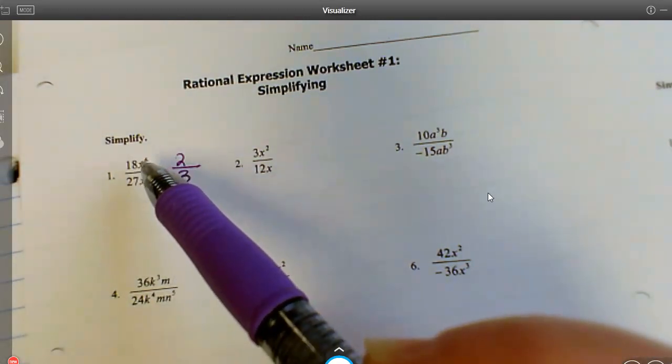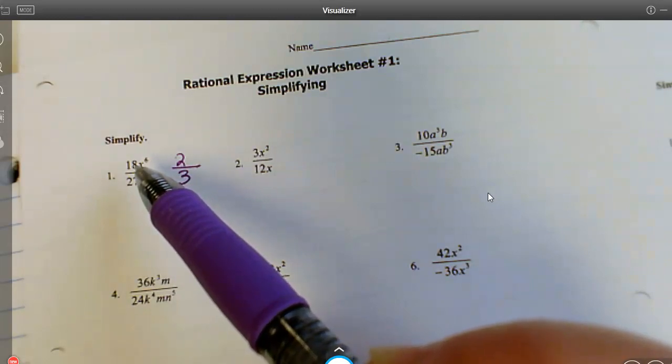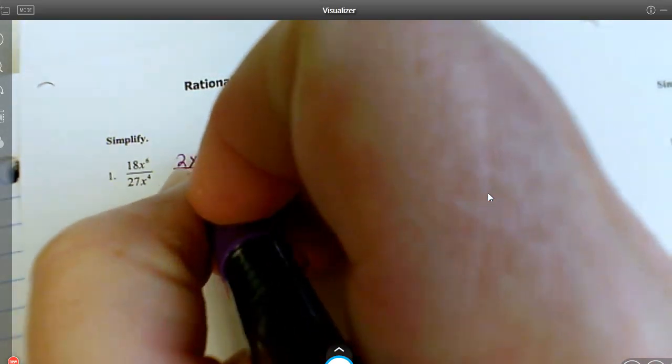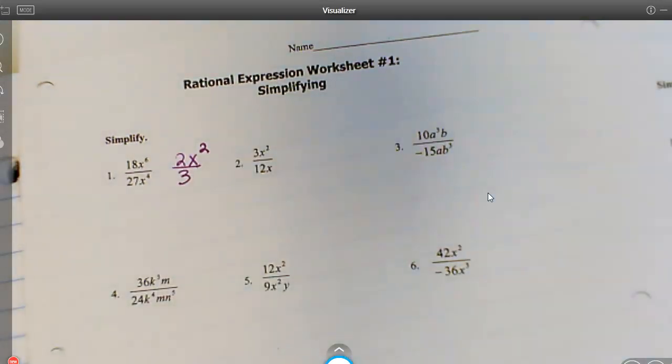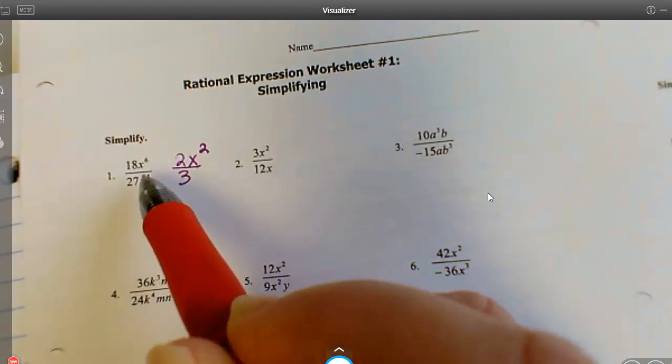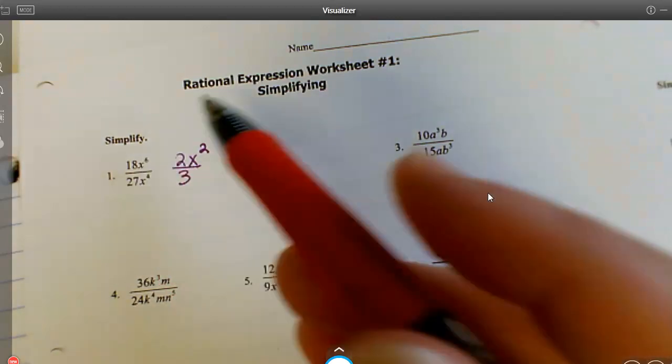How many are left? 2 of them. And are they left on top or on the bottom? Top. And so my x squared stays on top, and that's all I do. Hopefully this is pretty familiar to you, but I just wanted to remind you. It stays on top because there's 4 on the bottom that I need to get rid of, and there's 2 left over on the top.